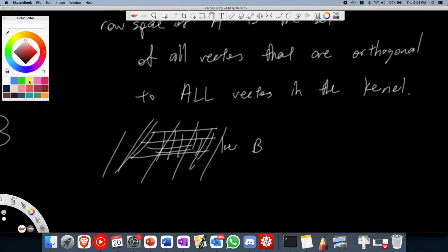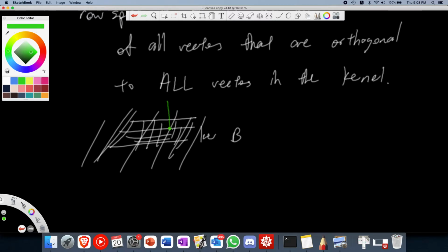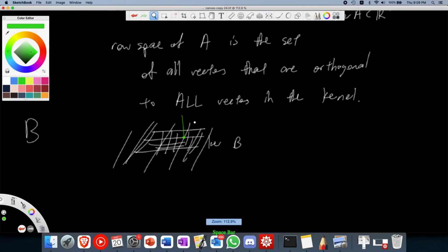Then what is the orthogonal complement of this? It is the perpendicular vector to this plane. That is because we are in three-dimensional space, but in four-dimensional space, for example, there are two directions that you can travel for the orthogonal complement.